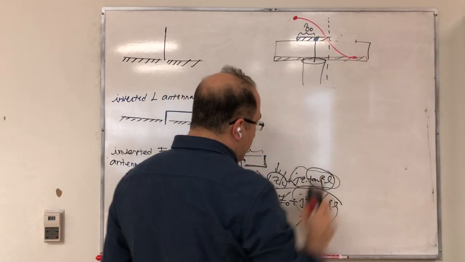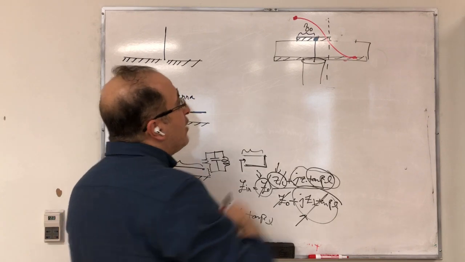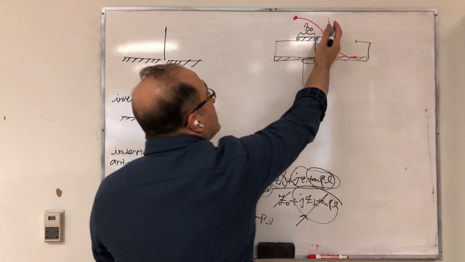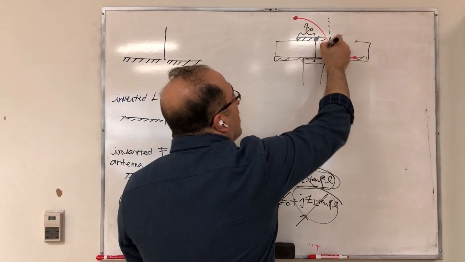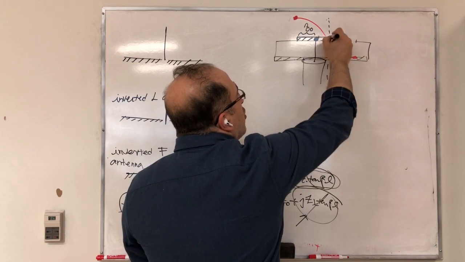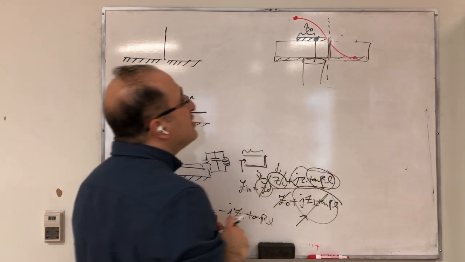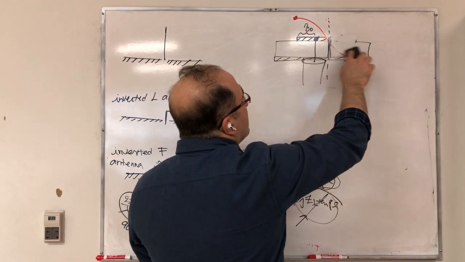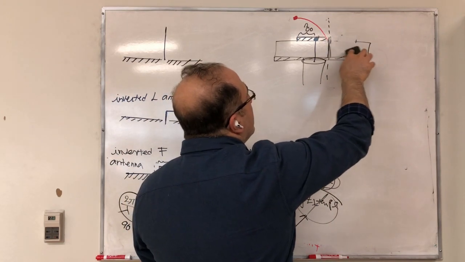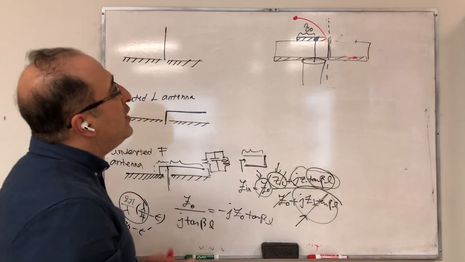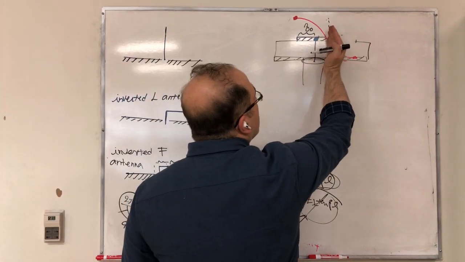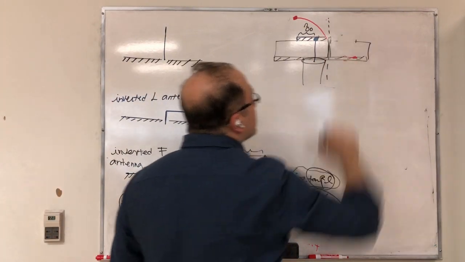So if I get rid of half of the patch and I want to keep everything the same from this viewpoint, I need to apply my shorting pin here to create voltage 0 here. So half of the patch is already gone now. So now you see I applied a boundary condition here so that I don't need the rest of the patch.